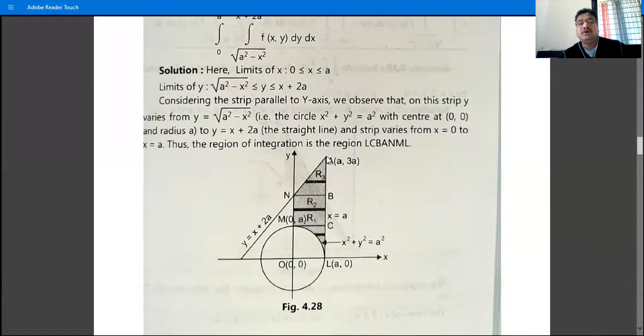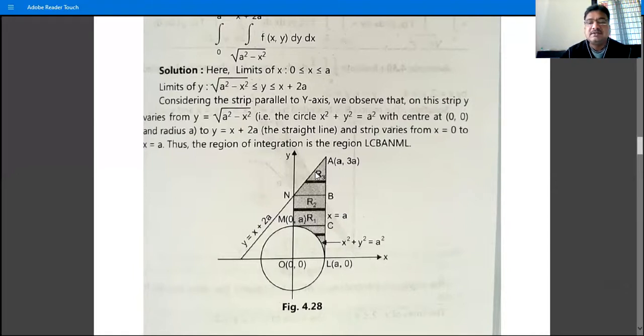Substitute x as a, we have y is 3a, so x is a, y is 3a. So this is the point of intersection of the lines x is equal to a and y is equal to x plus 2a. And this point is 0, a, this point is 0, 2a.